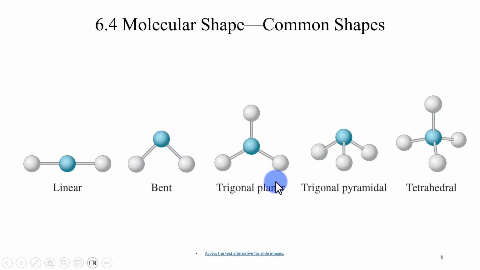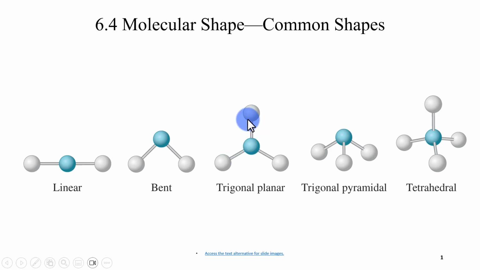We can have a trigonal planar molecule where the central atom is bonded to three other atoms, and those are equidistant from each other, so they're bonded in the same fashion to the central atom, and they are the same type of atom. And you can see that the bond angles here are all the same.